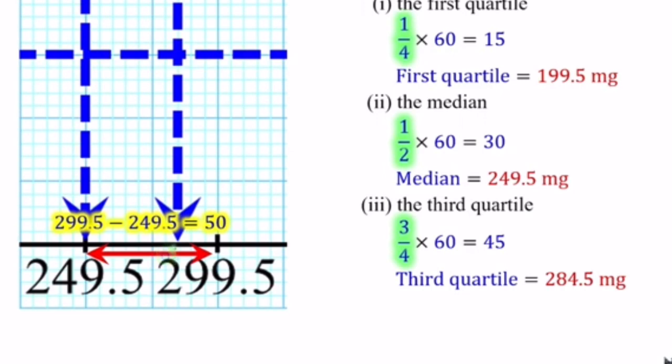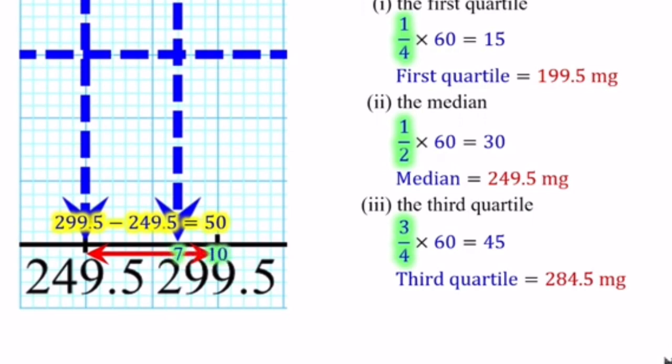So again, I'm going to show you the difference between 249.5 and 299.5 is 50, and the 50 is going to be divided by 10, and each one of the small boxes represents 5. So you have to count the boxes. Let's say here you have 5, 6, 7 boxes. So you have to take 7 times 5, which is 35.